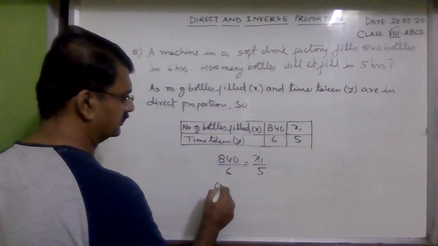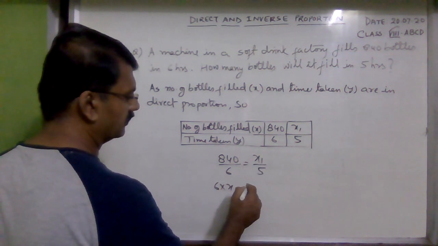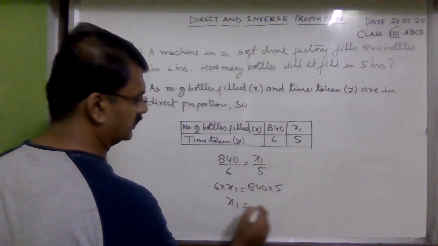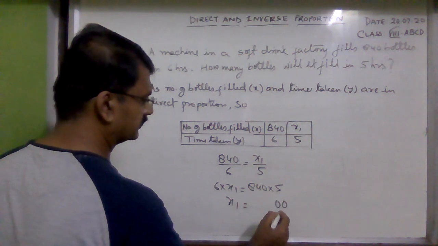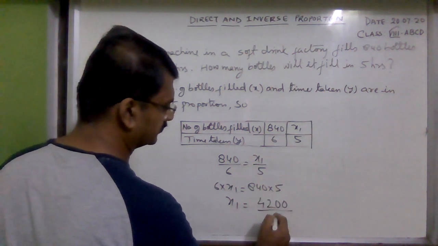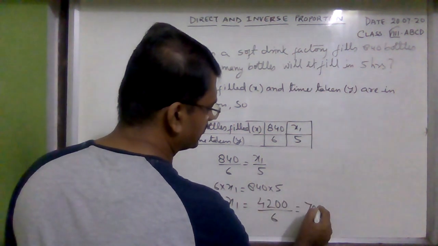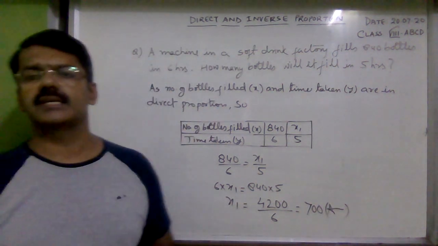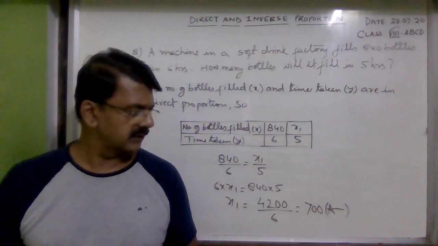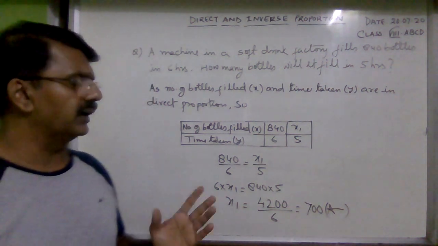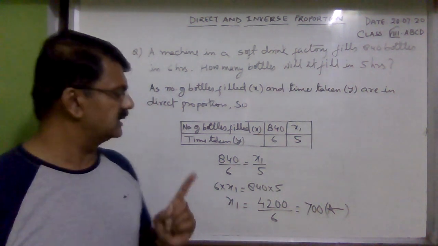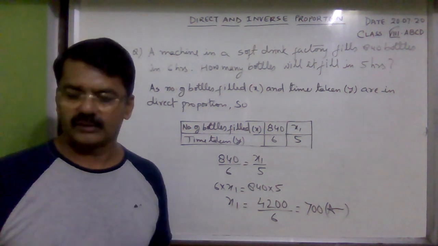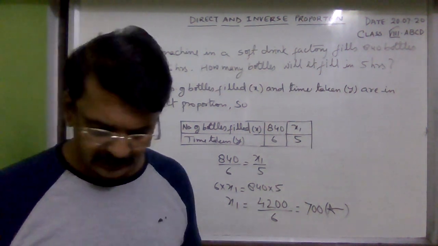Cross multiply. x1 is equal to 700 bottles is your answer. So the machine will fill 700 bottles in 5 hours. Clear? So now the next question.